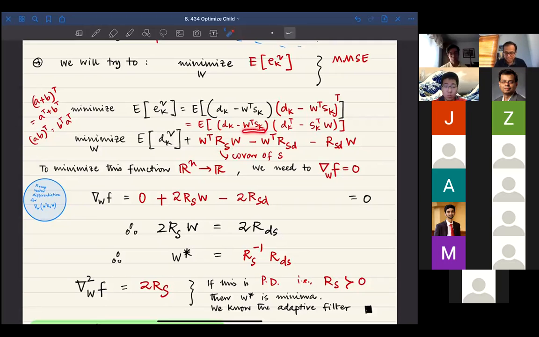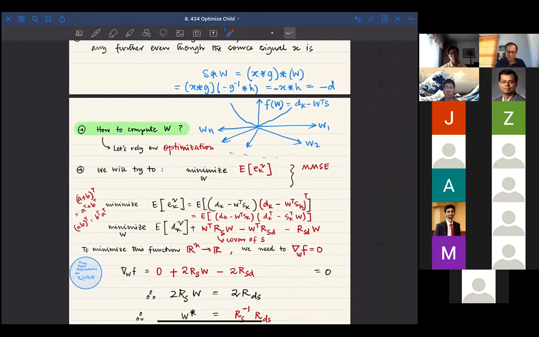Similarly, this term times this term gives you a covariance between S and D. Similarly, this term and this term also give you a covariance between S and D. So it turns out the differential of this function with respect to W, because W is the thing that you can control, right?